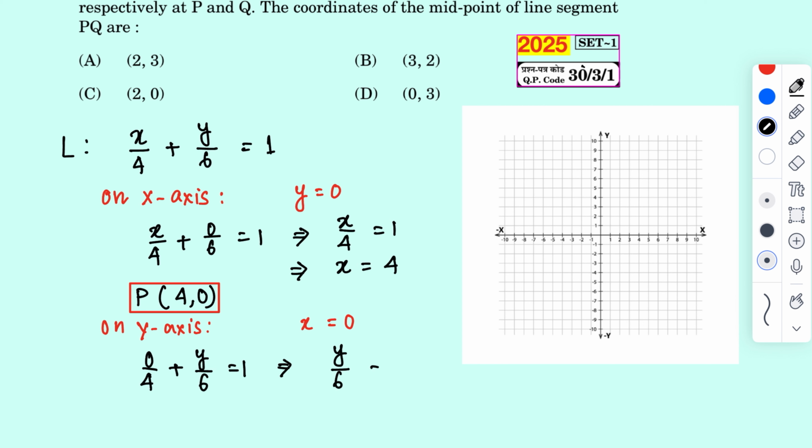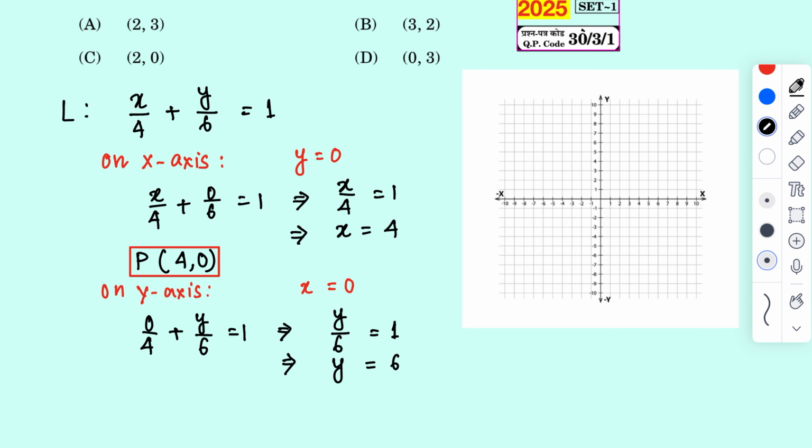This implies y by 6 is equal to 1, or y is equal to 6 after cross multiplication. Now, the coordinates of Q is x is 0 and y is 6. That is 0, 6. This is the coordinates of Q.